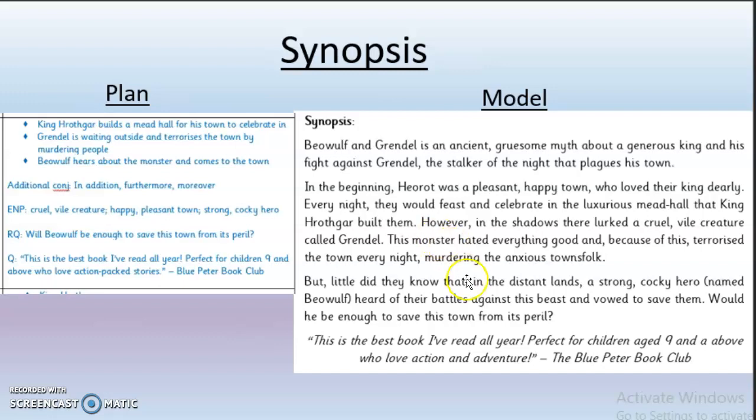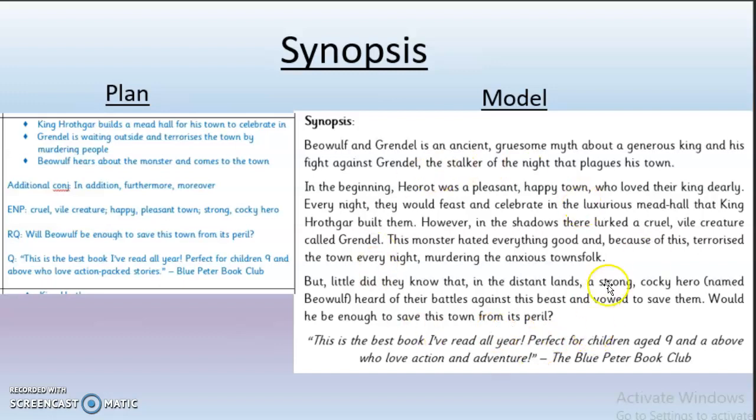However, in the shadows there lurked a cruel, vile creature called Grendel. This monster hated everything good, and because of this, terrorized the town every night, murdering the anxious townsfolk. But little did they know that in the distant lands a strong, cocky hero named Beowulf heard of their battles against this beast and vowed to save them. Would he be enough to save this town from its peril?